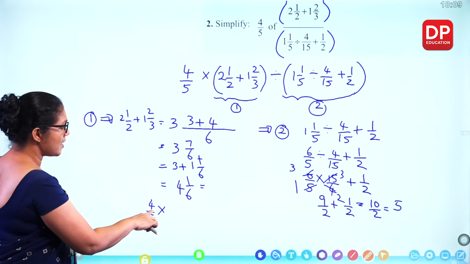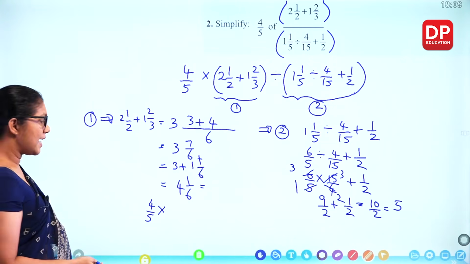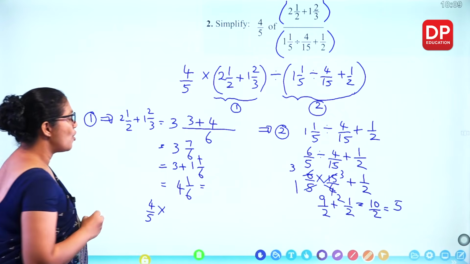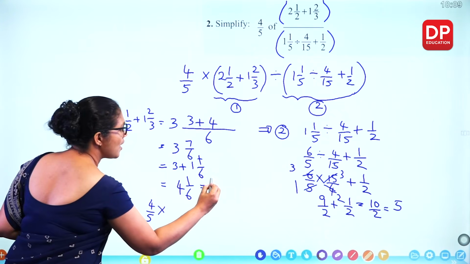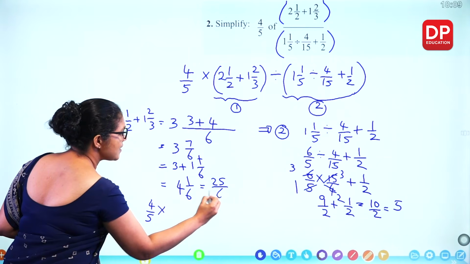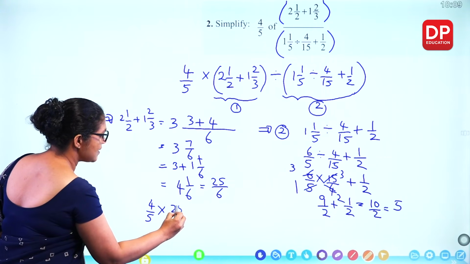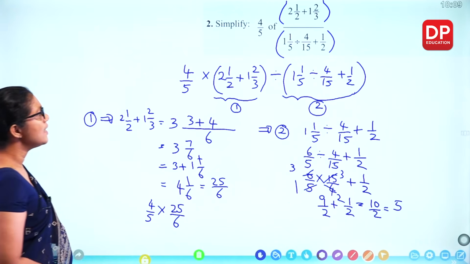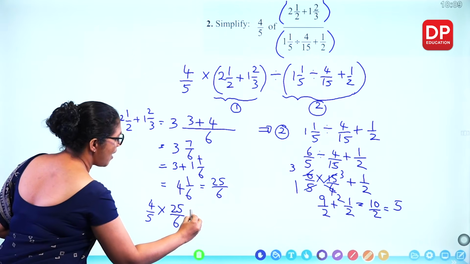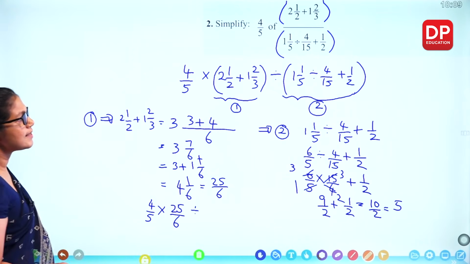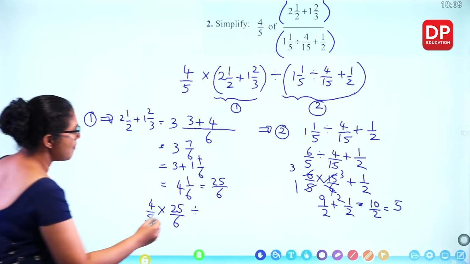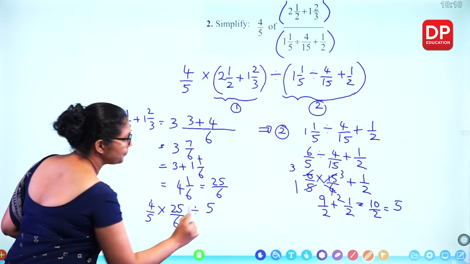It's easy for us because there's another multiplication. So 6 times 4, 24. 24 plus 1, 25. Divide by 6. So we can rewrite this as 25 over 6. Divide by, now this second bracket. Second bracket you got 5.